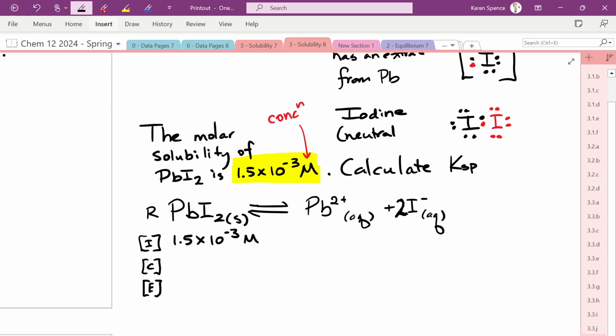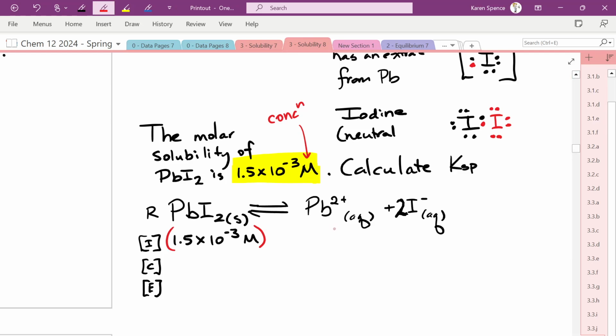But I'm going to put it in brackets because do I really have that much solid concentration? No, because solids don't have a concentration. But that's how much I dissolved into 1 liter. I dissolved 1.5 times 10 to the negative 3 moles in 1 liter.